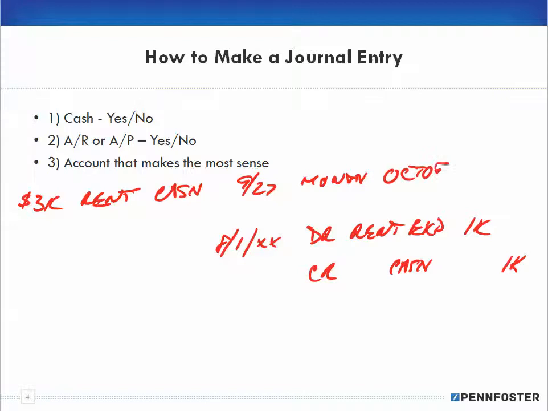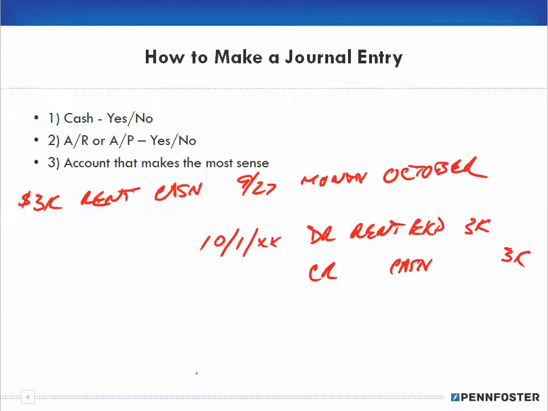Make the journal entry. Well, you'll be able to go back in the book and you'll say, okay, here's a 10/1 XX, because I know that's the date. So now your journal entry looks like this: 10/1 XX, and I can write debit rent expense, and instead of $1,000, I'm going to write 3,000. And I have a good journal entry. And yeah, that's going to happen. You'll be able to do it that way.